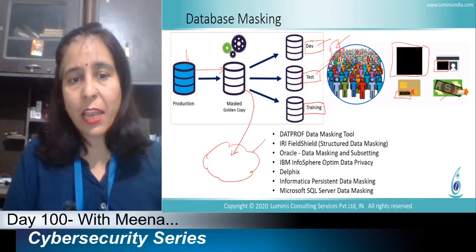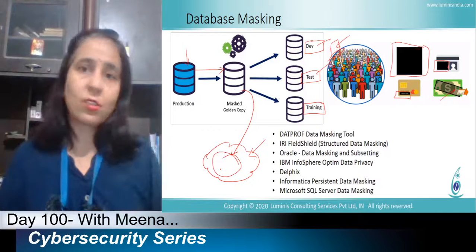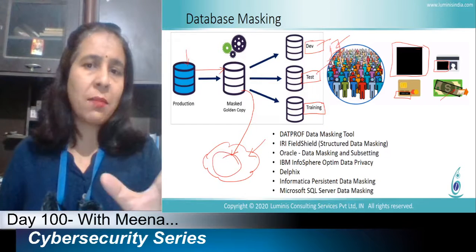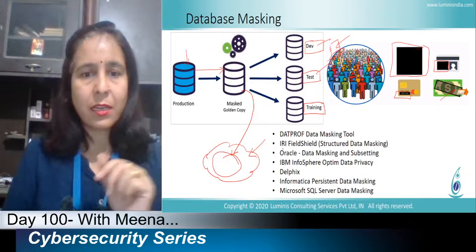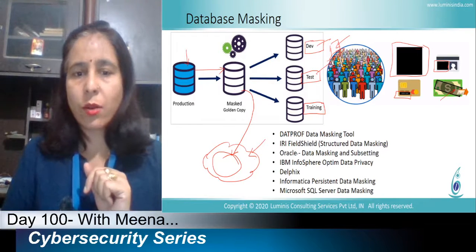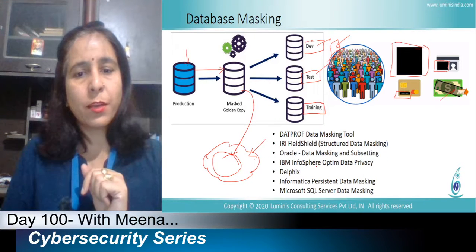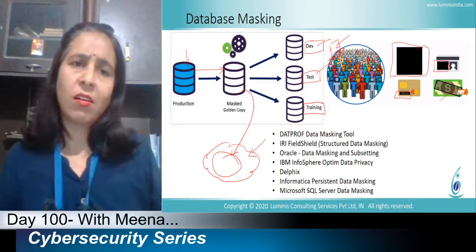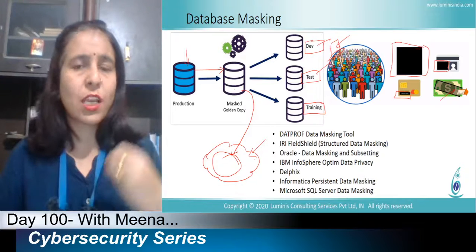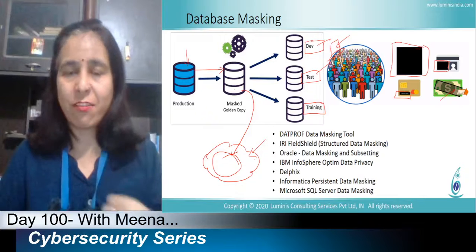So if any attack happens on the cloud, attackers do not get complete information, or get information which is useless to them. The data masking tools here include DataProof data masking tool, IRI FieldShield, Oracle's data masking and subsetting, and IBM InfoSphere Optim data privacy, and there are many more database masking tools which we can use as per our requirement to save our data.